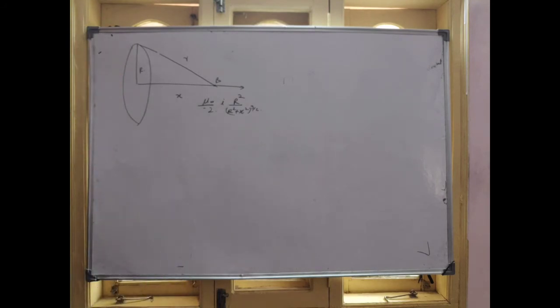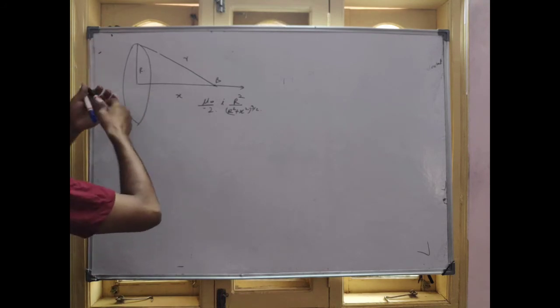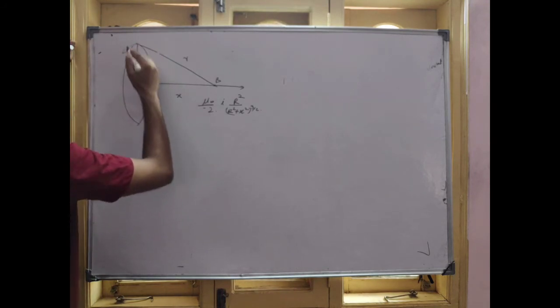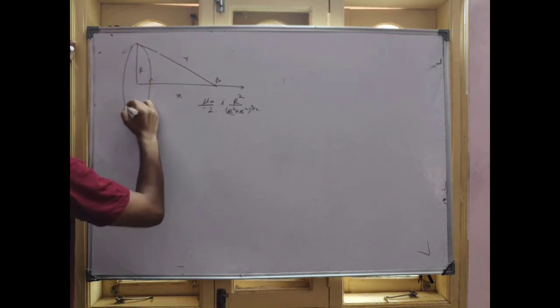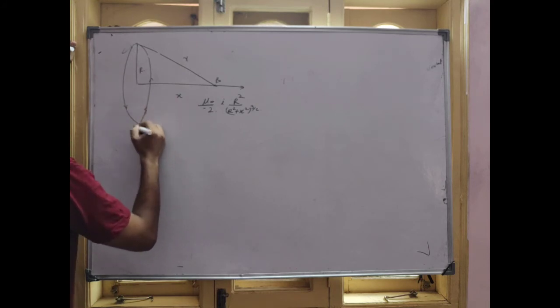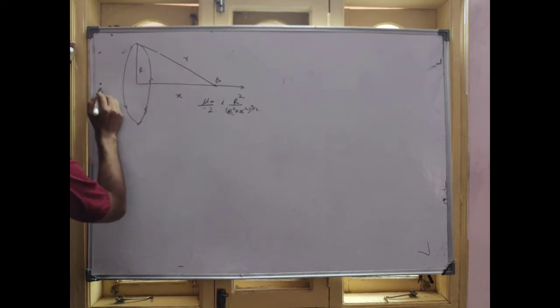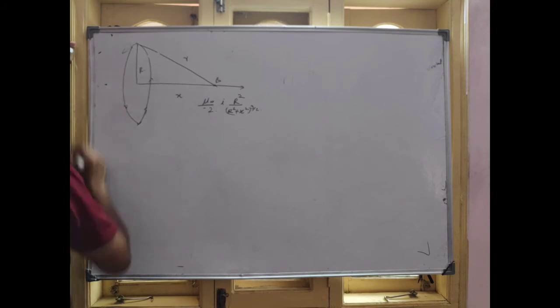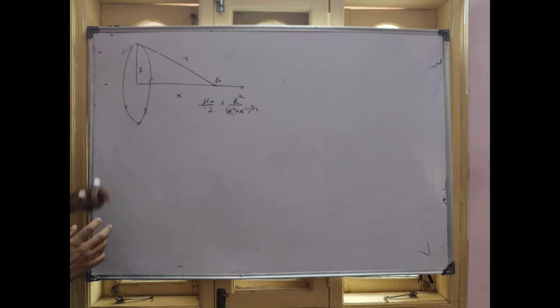Okay, tell me one thing. Here, the current was like this. Tell me what will be the field direction here. If I ask you for this part, where is the field direction? So again, how will you find the field direction?